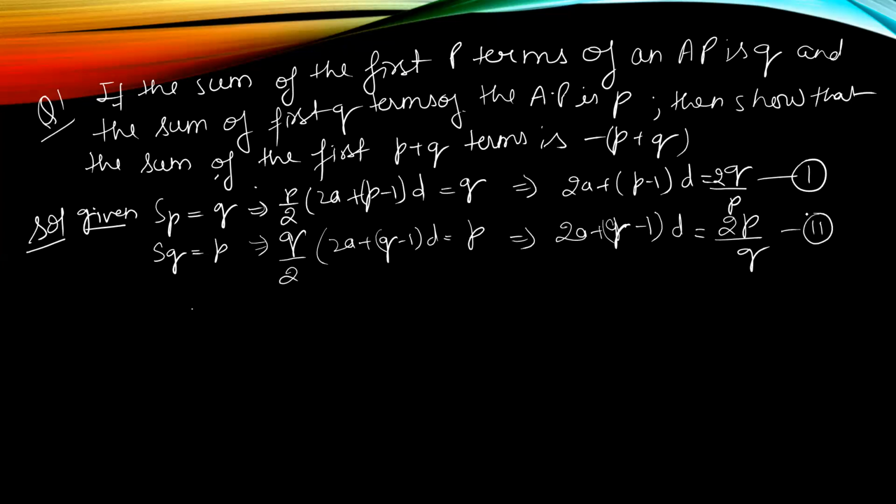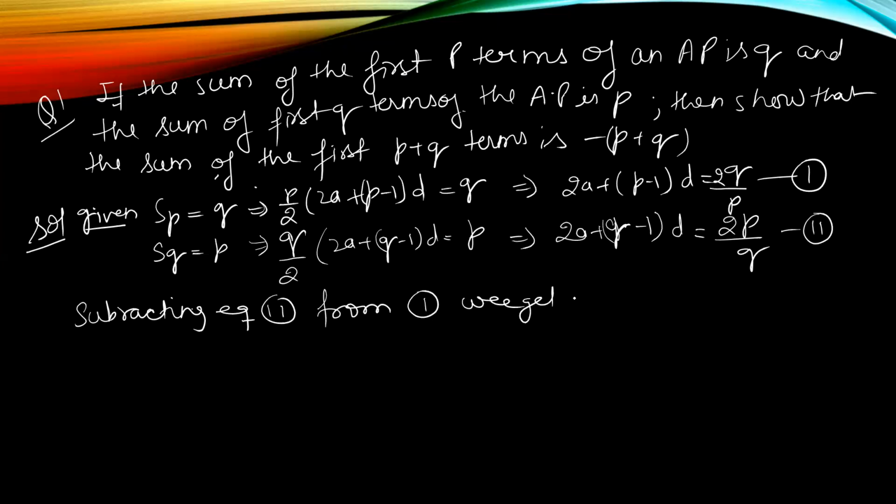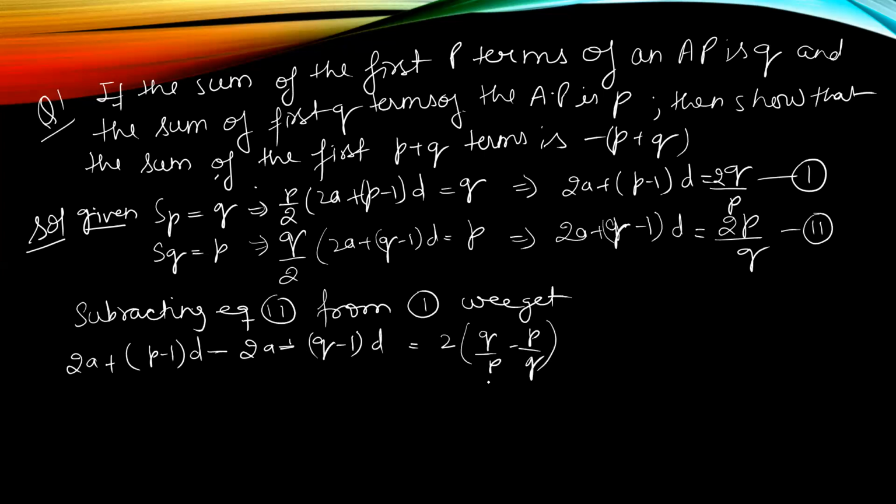What we are going to do next? Subtracting equation number 2 from 1. What we'll get? Quickly solve and check. So we'll get 2a plus p minus 1d, subtracting 2a plus q minus 1d, equals to, twice take common, q by p minus p by q, right?